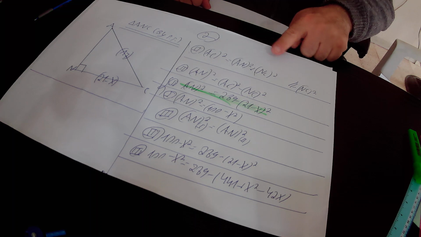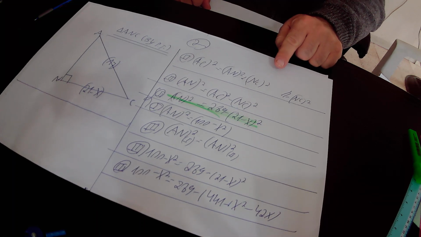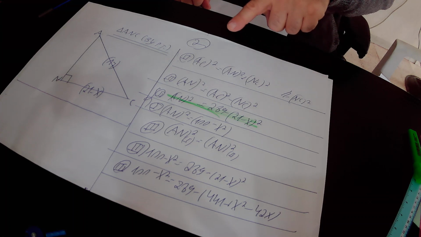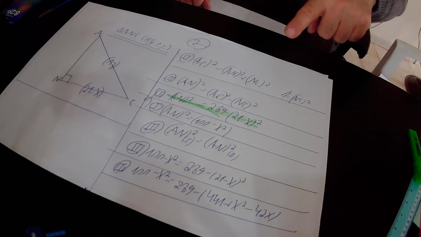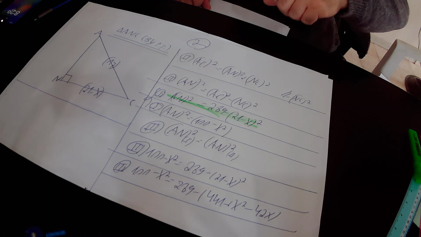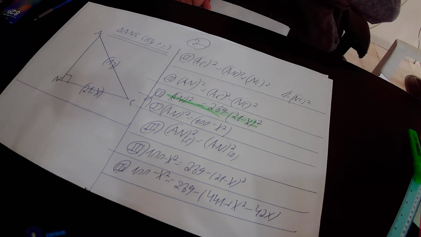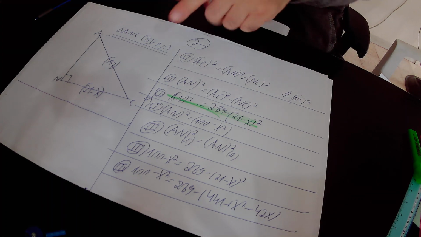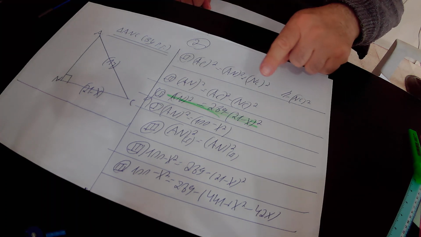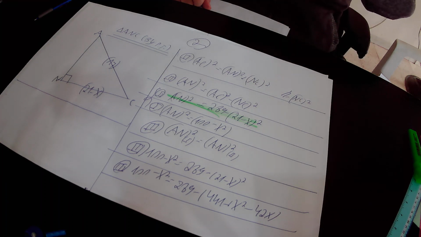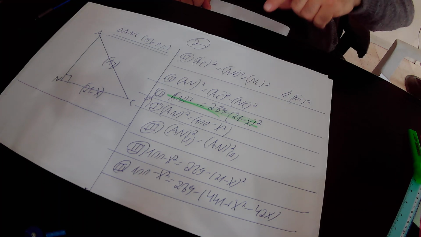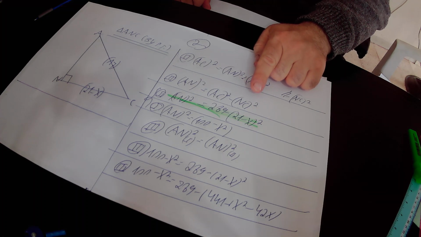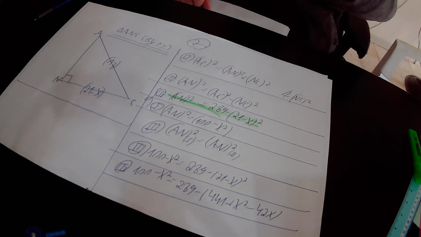We subtract NC squared from this equation, equation 2, and find that AN squared equals AC squared minus NC squared. AC is 17, therefore AC squared is 17 squared, that is 289, minus NC squared. NC is 21 minus x, therefore NC squared is (21 minus x) squared. So according to equation 2, AN squared equals 289 minus (21 minus x) squared.